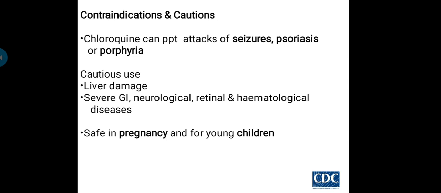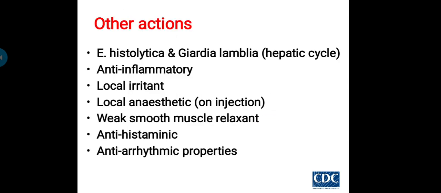Also in patients who already have some retinal problems or hematological disease, we have to avoid it. But it is safe in pregnancy and for young children. So treatment of vivax malaria in pregnancy and in non-pregnant states is the same. The chloroquine 3-day course for vivax malaria is the same for pregnant as well as non-pregnant adults.